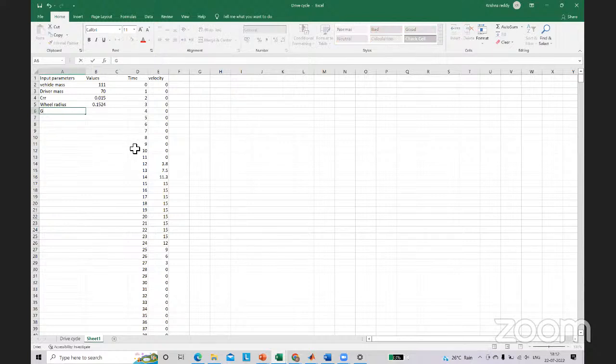For this calculation we don't have a grade angle, so we'll consider the grade angle as 0. And then air density, we'll just name it rho, 1.22.